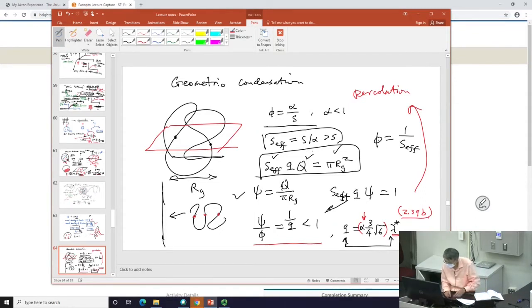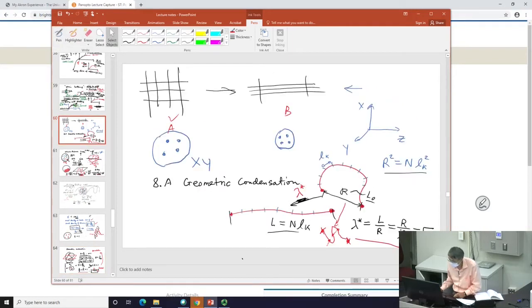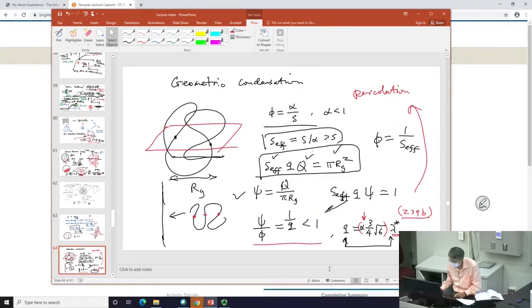It tells me that Q is related to the maximum stretching, which I introduced here, like so.